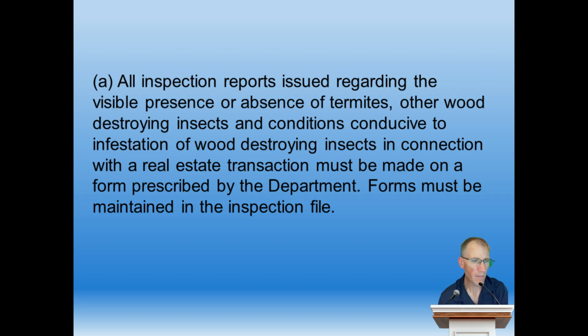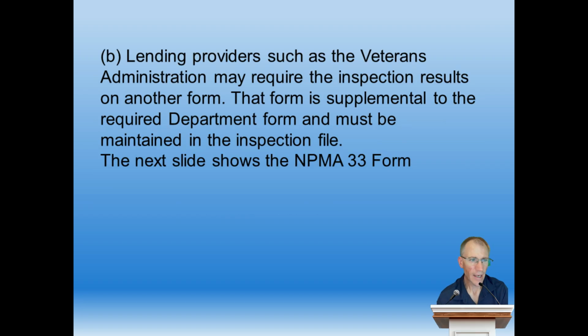Forms must be maintained in the inspection file. B. Lending providers such as the Veterans Administration may require the inspection results on another form. That form is supplemental to the required department form and must be maintained in the inspection file.